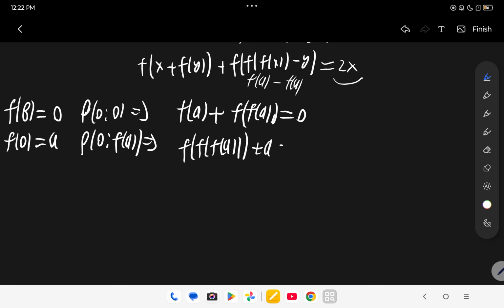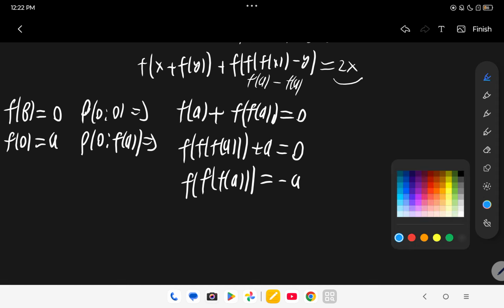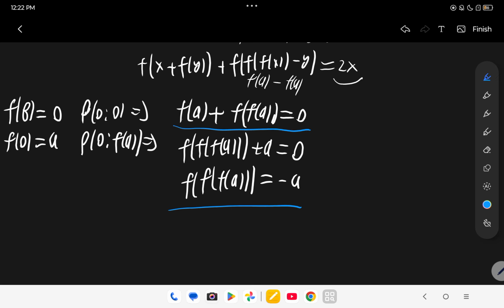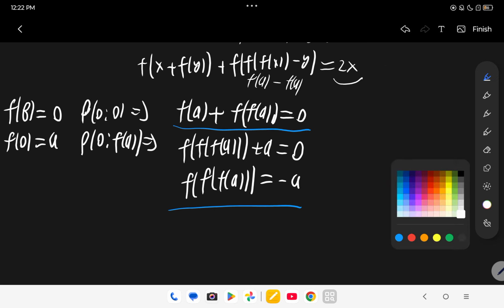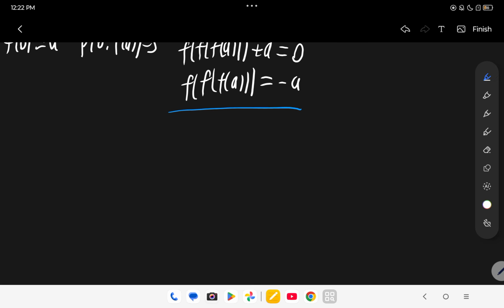So we get that f(a) equals minus a. I will do this so that we can see them easier when we come back. Now let's put this.